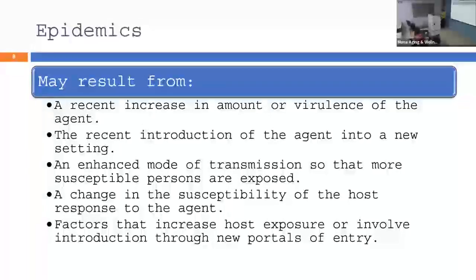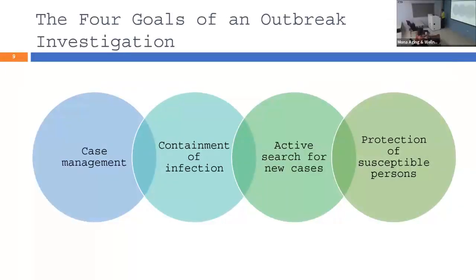So increased host exposure, of course, when we have an infection that's transmitted from one person to the other, then in crowded situation, whether it is at a party or at an event, then you can have an outbreak coming out of that kind of situation.